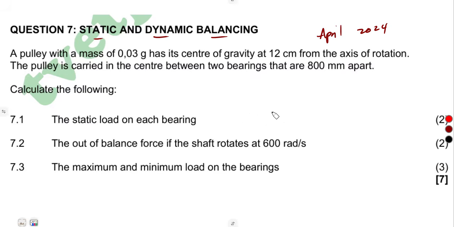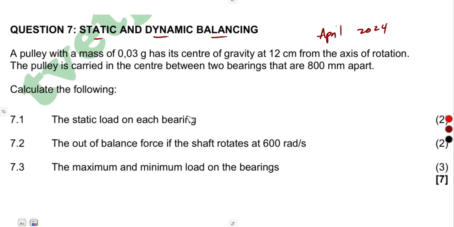This is a condition where you are balancing a single rotating mass. So take note, you're balancing what? A single rotating mass, which is definitely part of our static balancing.